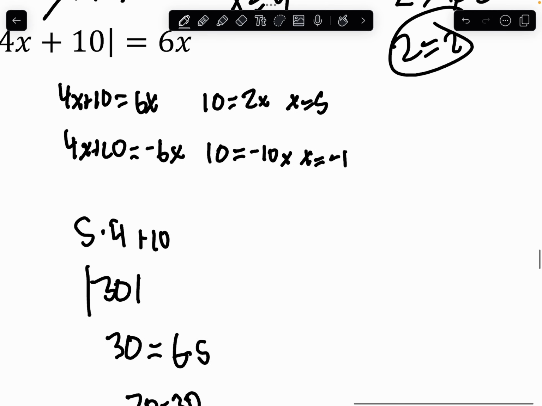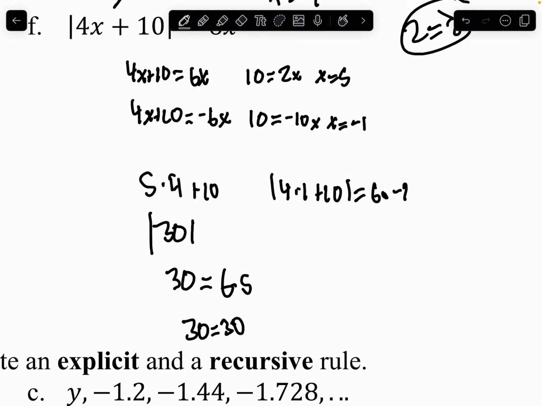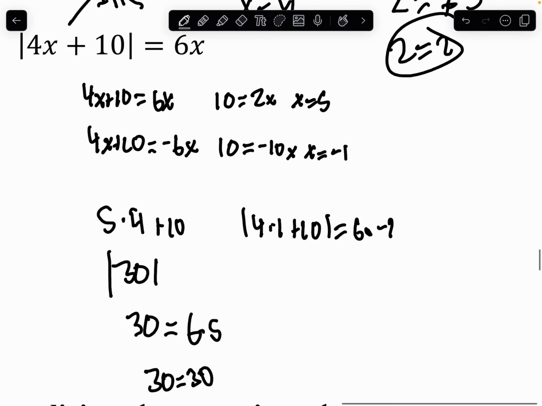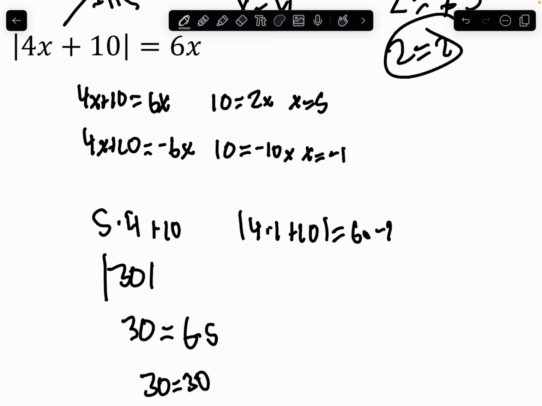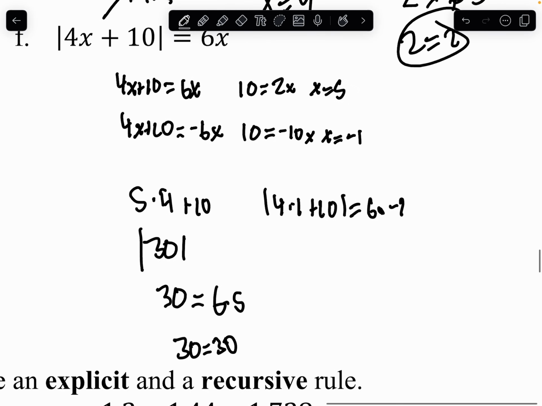Alright, next one. 4 times negative 1 plus 10 equals 6x, 6 times negative 1. Sorry, I'm just thinking ahead.